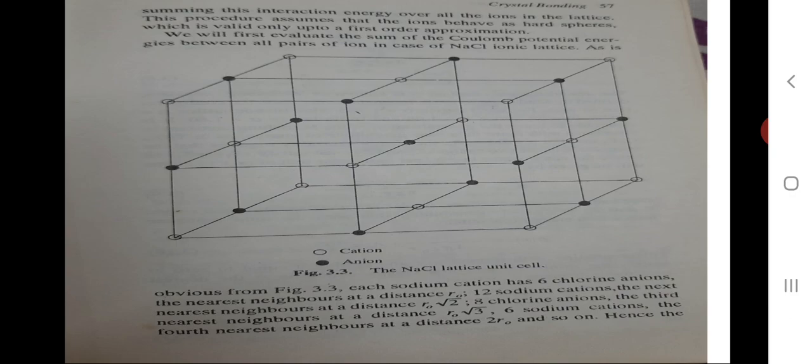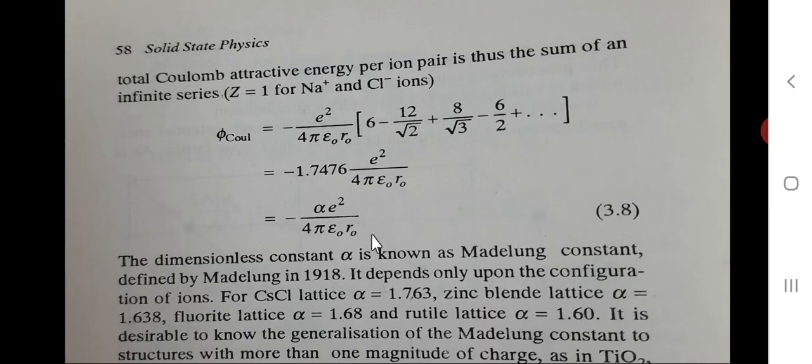Hence, the total Coulomb attractive energy per ion pair is the sum of an infinite series, Z is equal to 1 for sodium and chlorine ions.